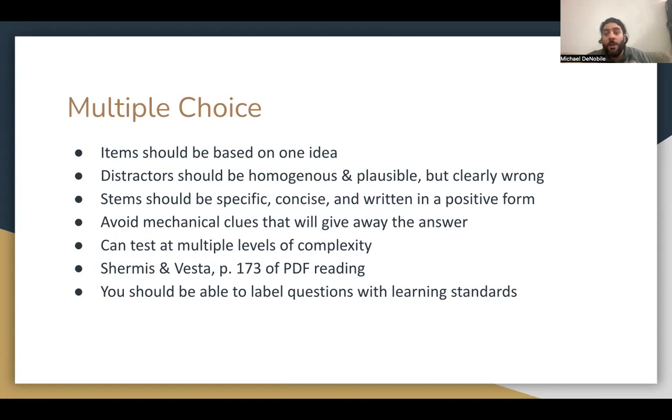If you're thinking of a traditional four, this is typically how I do it. I do one or two that are clearly 100% wrong. Either you know it or you don't know it, but one or two of them are clearly wrong. Then you have the correct answer. So now you have the three.